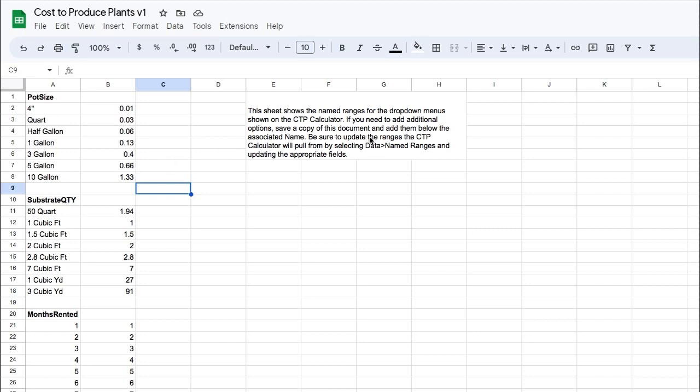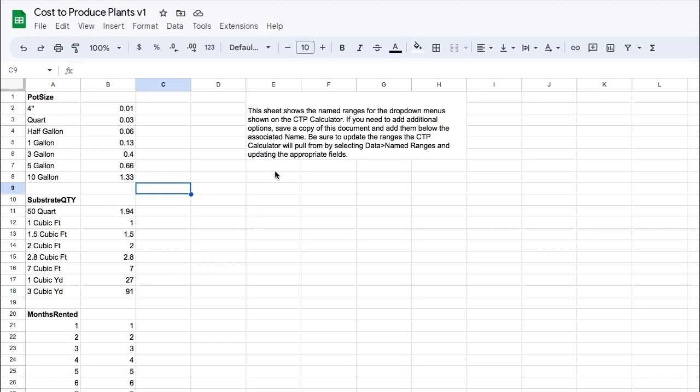So just a quick little tip, you can update your ranges on the calculator on the first page by selecting your data up here and named ranges and updating the appropriate fields. If you do add any cells or rows, just make sure that you adapt what ranges those cells are pulling from.